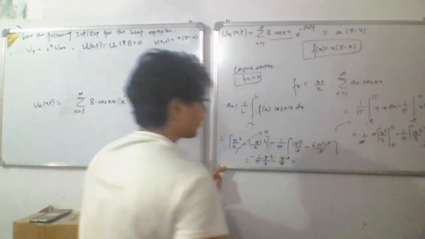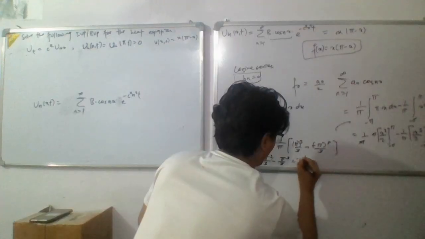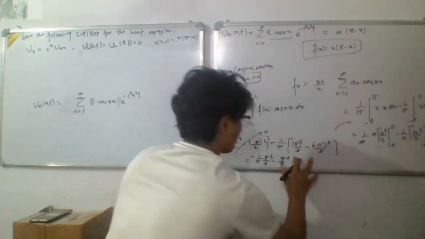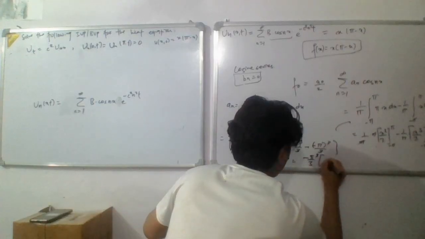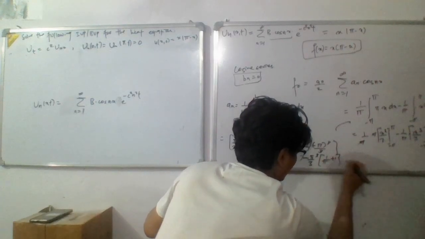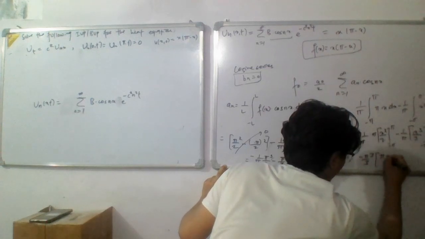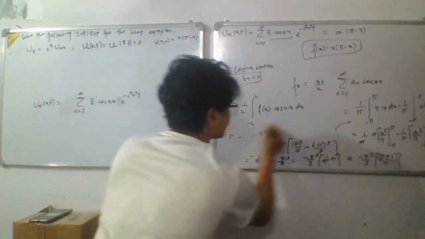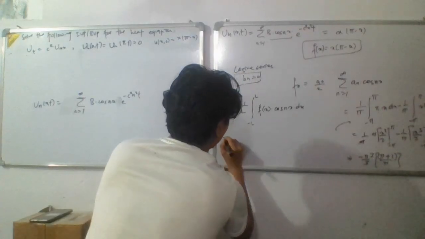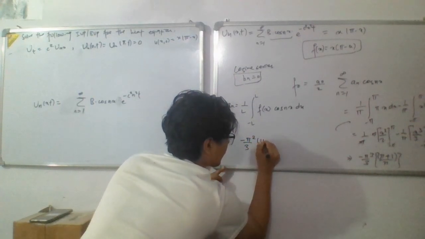That gives us 1 by pi, minus 1 by pi. Okay, wait a second. I'm going to take minus pi cubed by 3 as common. I'm going to get plus 1. That gives us minus pi cubed by 3, pi plus 1 by pi. That gives us a naught equals minus pi squared by 3, pi plus 1.